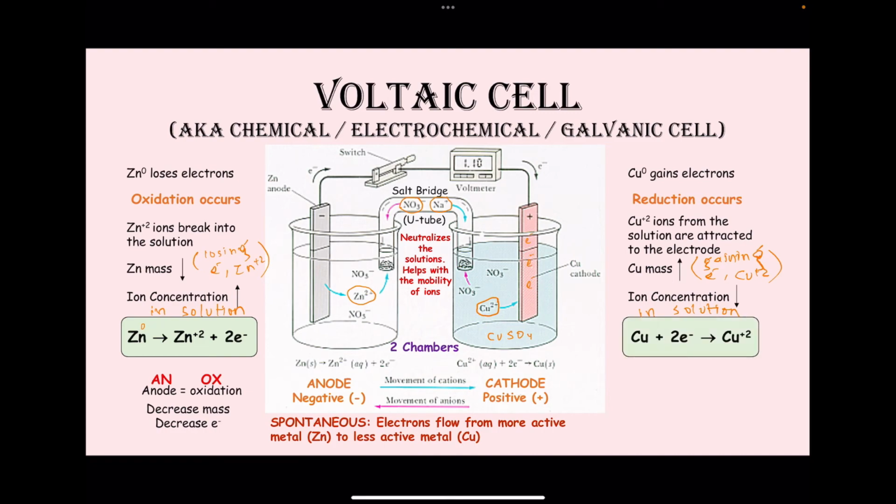So this is what the half reaction at the cathode is going to look like. The key thing to remember here is that reduction occurs at the cathode, and the acronym that we talked about to remember this is REDCAT, reduction at the cathode. So eventually the mass of the cathode increases, and so does the number of electrons, because the cathode is gaining electrons.